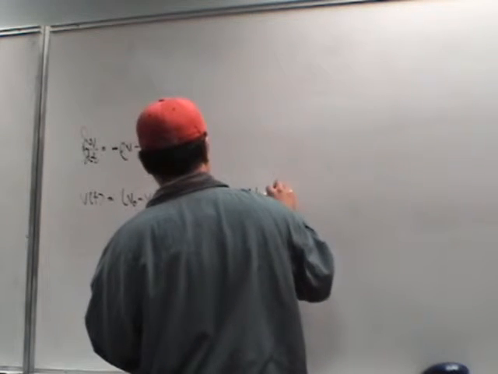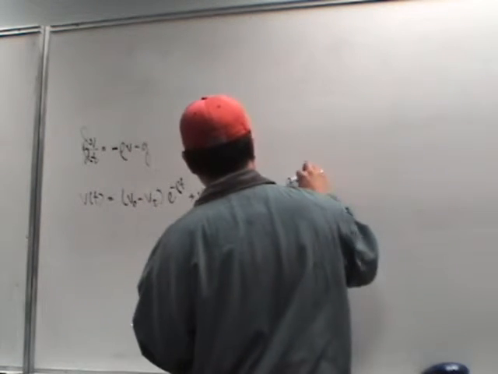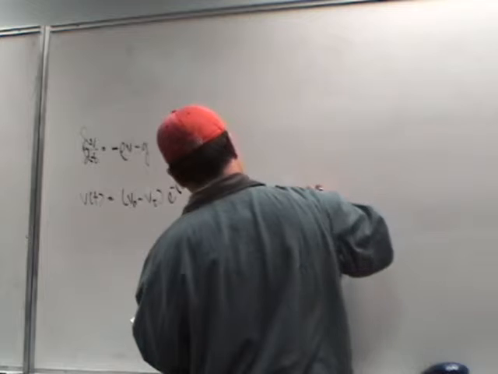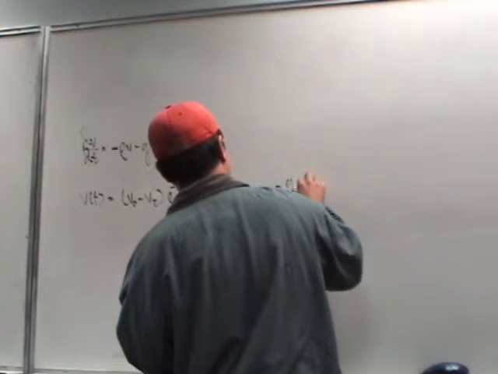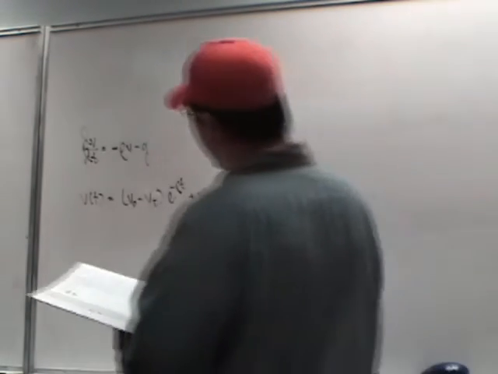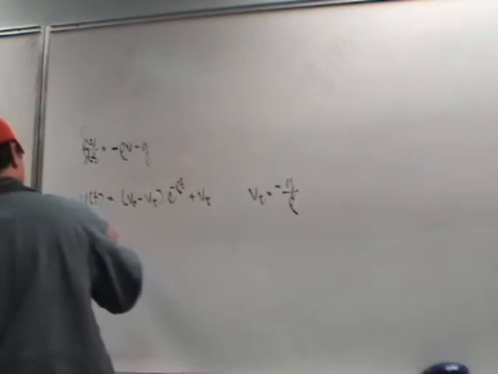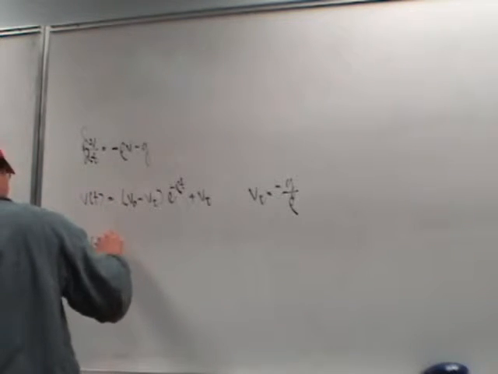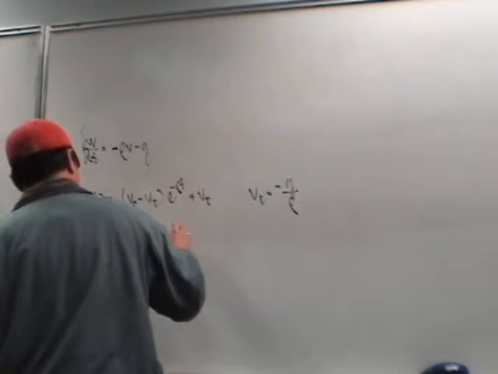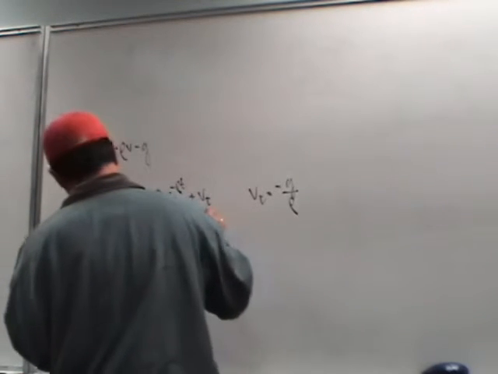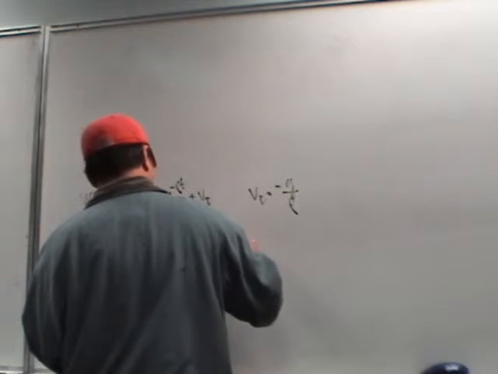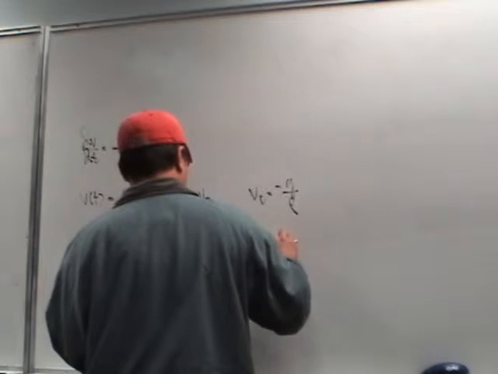Now, if you remember, v tau is equal to negative g over rho. So that was v of t. Now, taking the antiderivative and using the initial condition, your y of t is equal to y naught plus v tau t plus 1 over rho times v naught minus v tau times 1 minus e to the negative rho t.